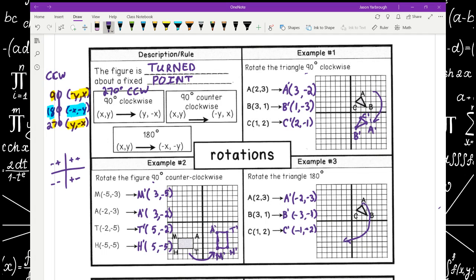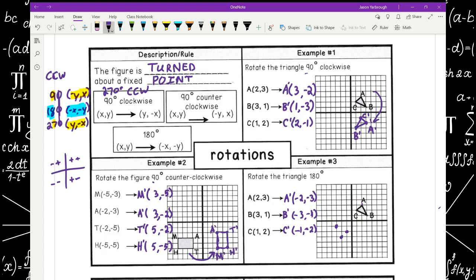All right, now just to graph these points, left 2, down 3, left 3, down 1, left 1, down 2, A prime, B prime, and C prime.